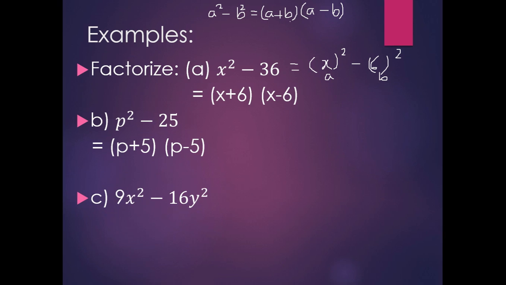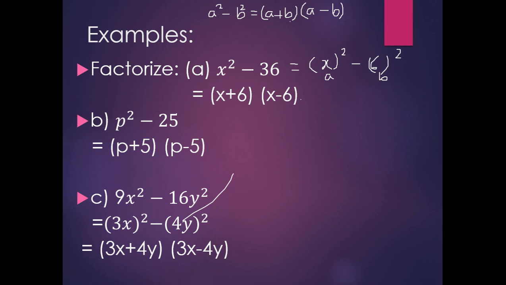So 9x square you can write as 3x whole square, and 16y square as 4y whole square. Using this formula we write 3x plus 4y times 3x minus 4y, with a as 3x and b as 4y. Like this we can factorize this expression.